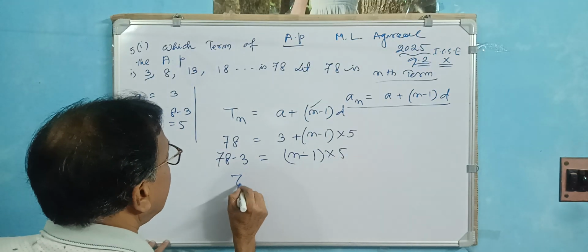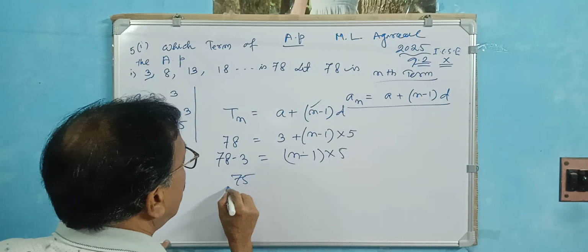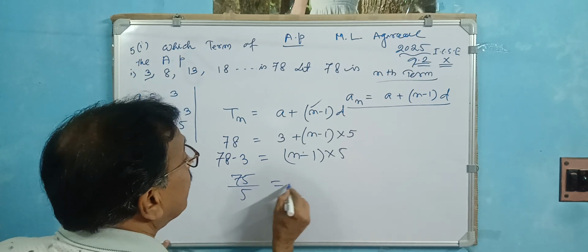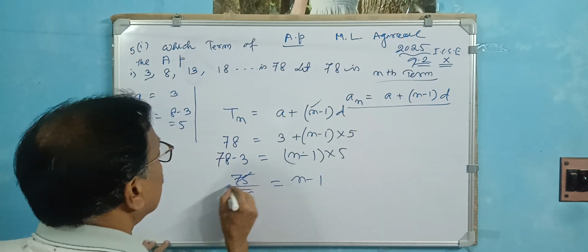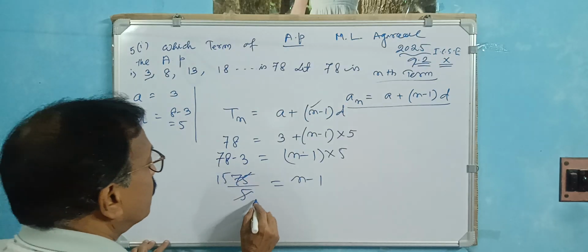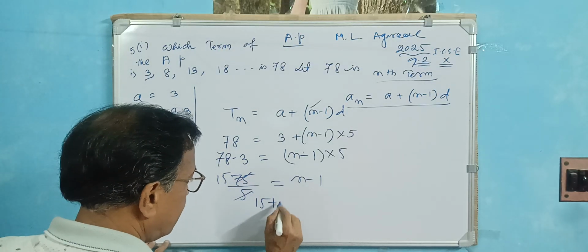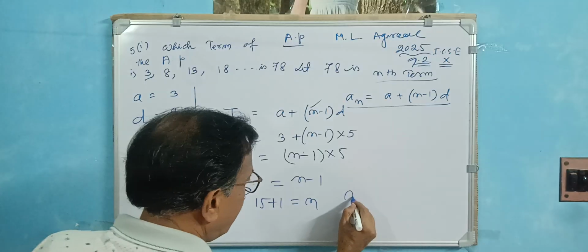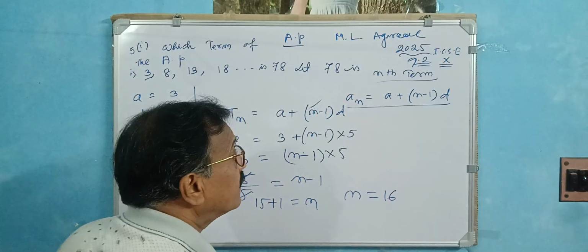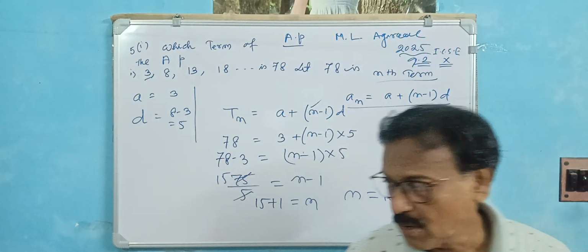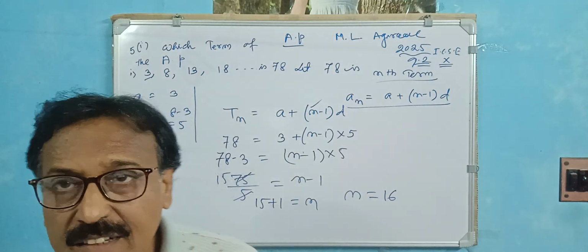So 75 by 5, that is 15, equals n minus 1. So n is 16. That means the 16th term. That's the answer.